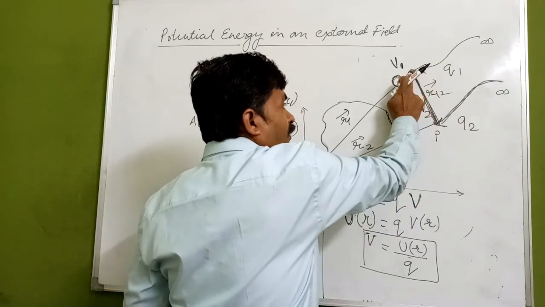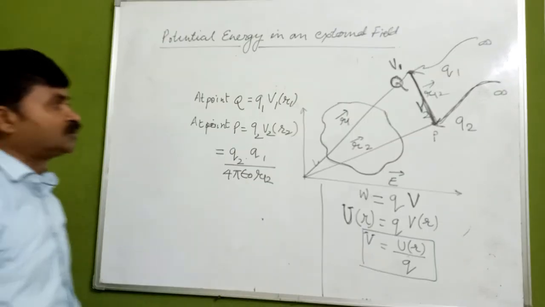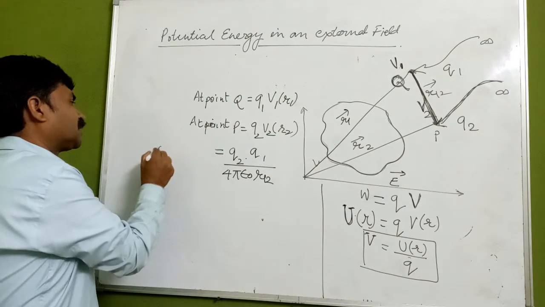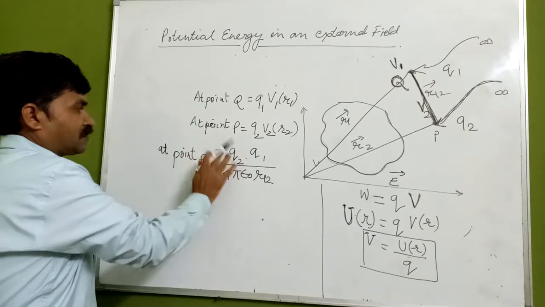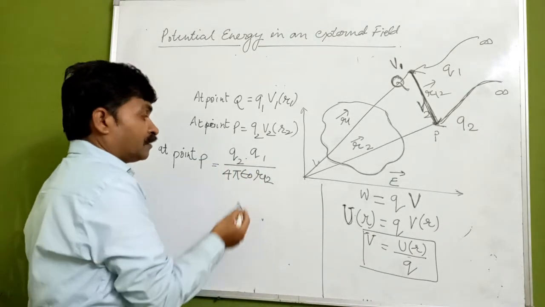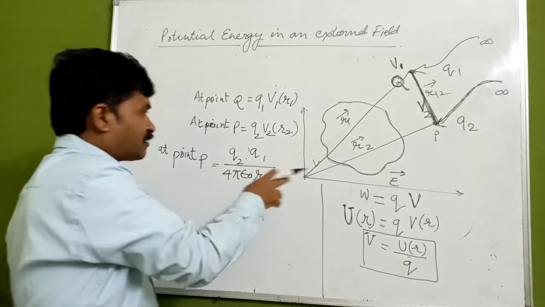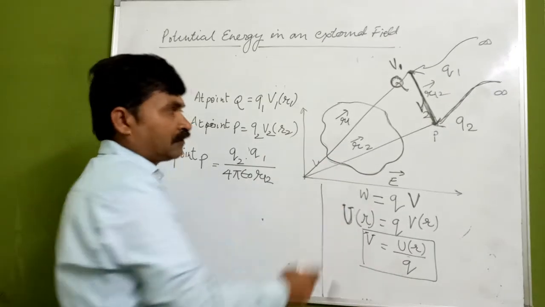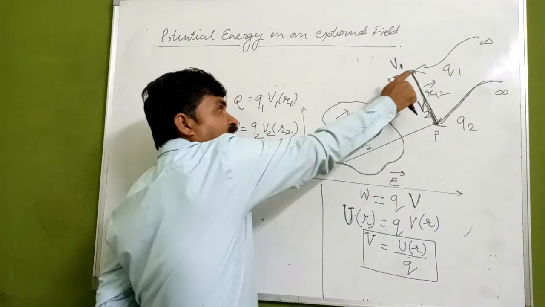So this is a Q1 charge, and here we are getting an electric potential that will be given by this R12. So at point P, we also have some energy which will be in terms of Q1 Q2, because it is the electric potential, and we are talking in terms of Q into V, that is the work done. So we have to work against this force also, against this charge also.